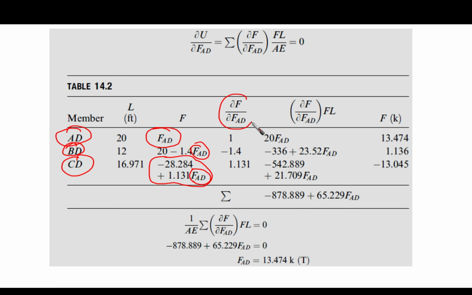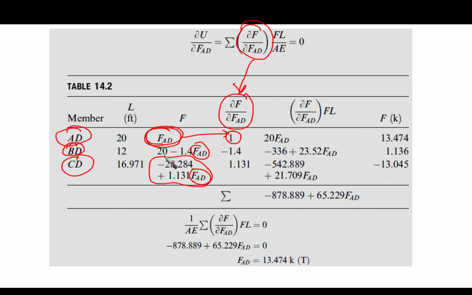Then the next step is to get partial F over partial FAD. We're taking this expression and deriving it with respect to FAD. The derivative of FAD with respect to itself is 1.